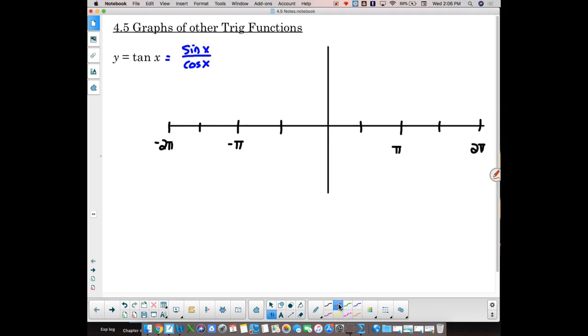What is tangent on my unit circle? Or how do I find the tangent of different thetas? How do I find tangent on the unit circle? What do you got? Y over x. Do we agree that since sine is y and cosine is x, this is really like y over x?